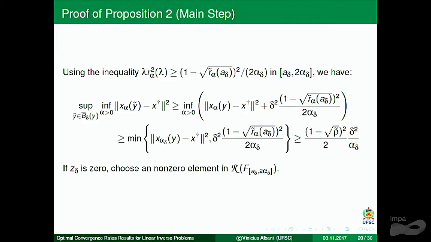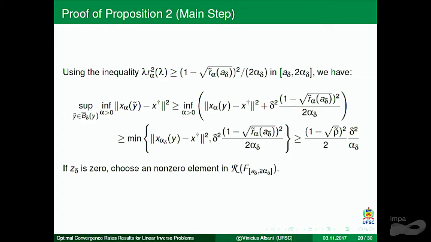And taking this supremum in y, and taking the infimum in alpha, we have this estimate. Since these functions are monotone, and we have this domain, we have this lower bound of this term in alpha delta, and this lower bound in the terms.